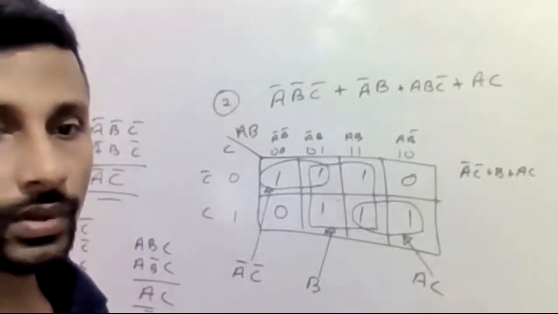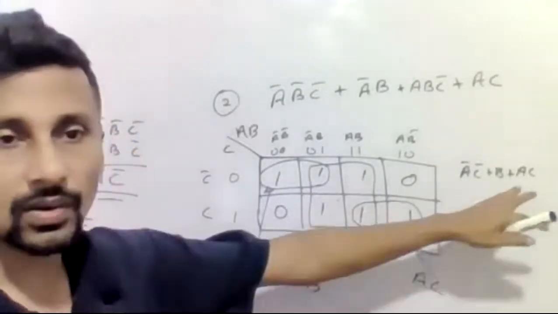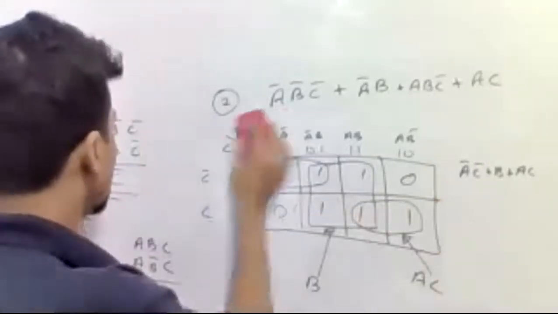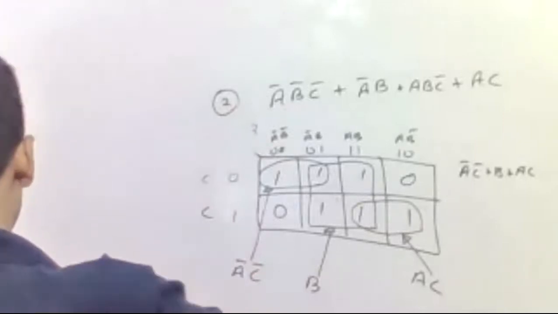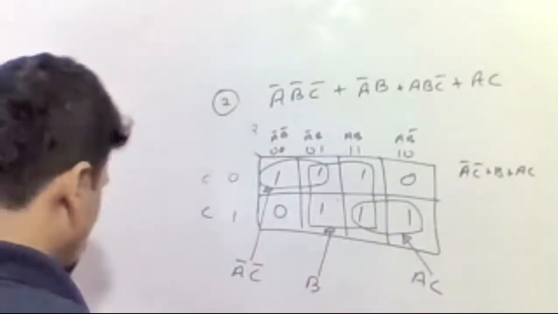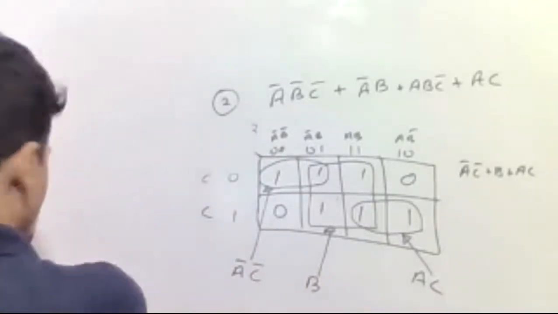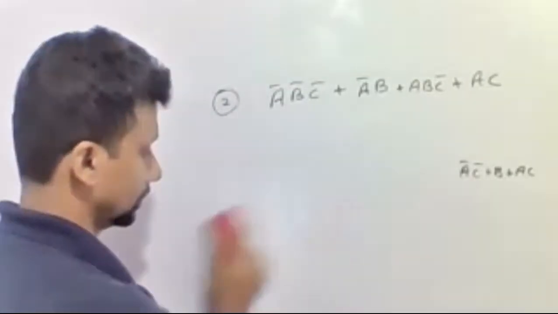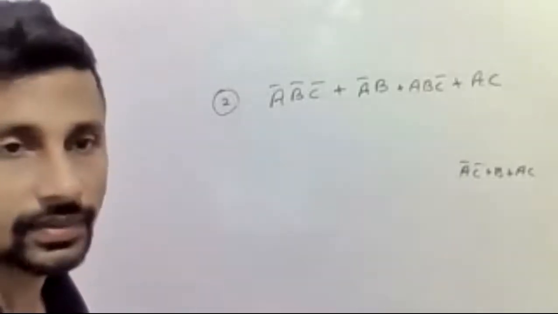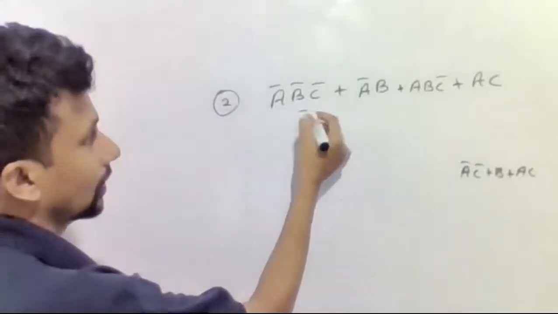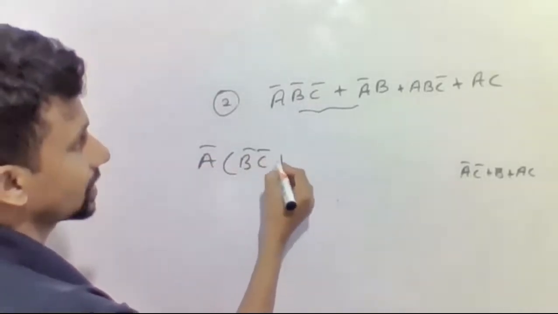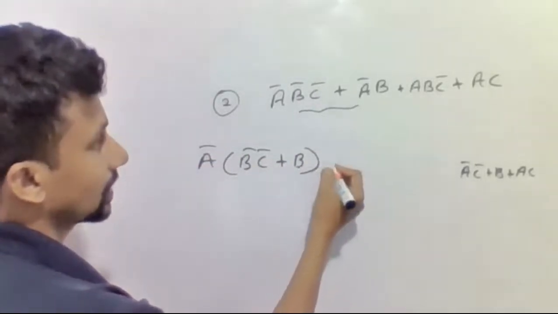Okay, I will show how to get the same output, this is our output, by using the expression. Now here, from these two, I am taking a dash out, so I can write b dash c dash plus b inside.